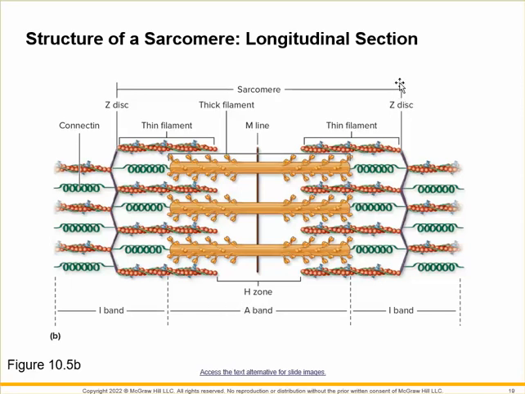One sarcomere officially goes from Z disc to Z disc. Although the Z discs themselves, so this Z disc is part of this sarcomere, but it's also part of the sarcomere to the left. This Z disc is part of this central sarcomere, but it's part of the sarcomere to the right. The I band extends over the junction between the two sarcomeres as well.